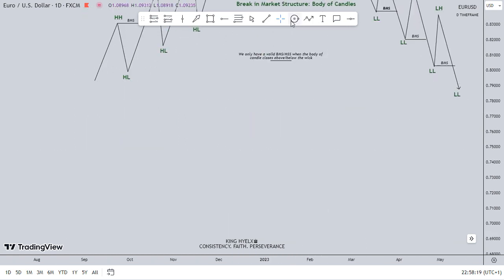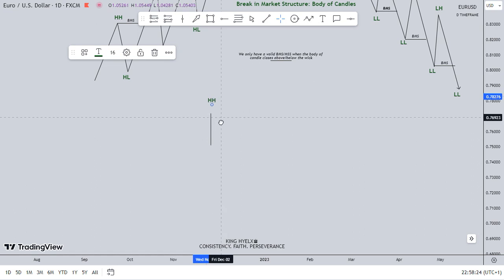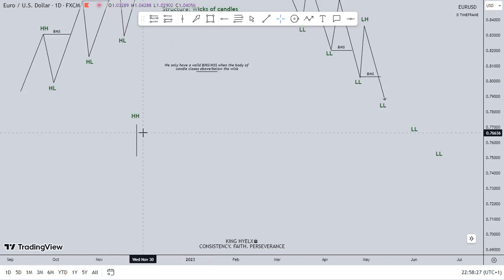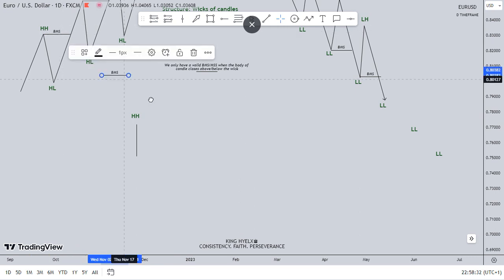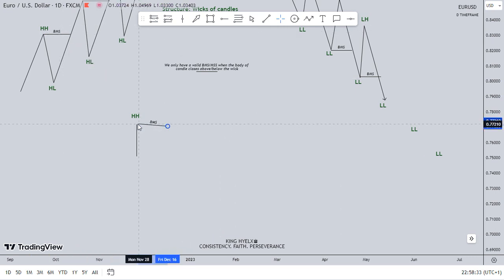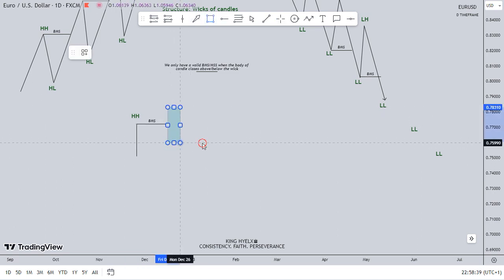So in a bullish scenario, if this is our high over here, we only have a valid break in market structure above this, right? So this is only valid when the body closes above it, right?